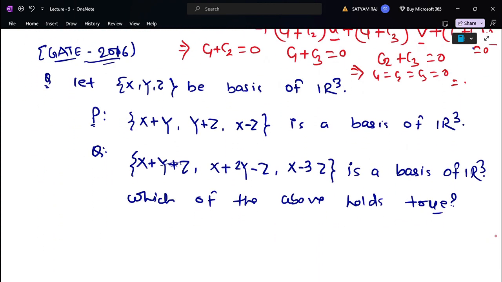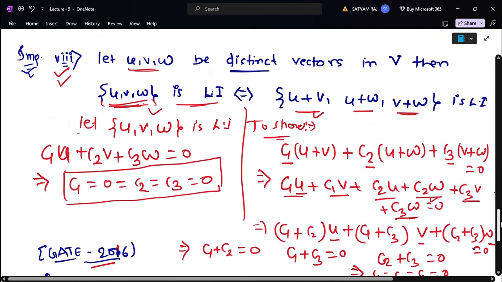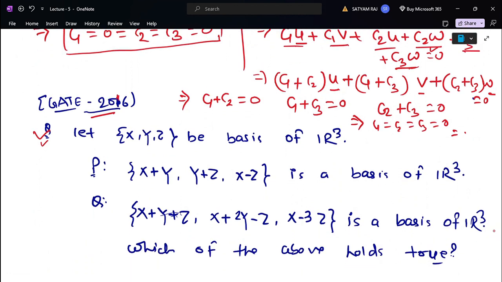Now we have a question which was asked in GATE 2016, and it is very similar to what we proved here. If x y z is a basis, what does basis mean? It is LI and the dimension should be 3. The dimension of the vector space is 3 and this is LI.